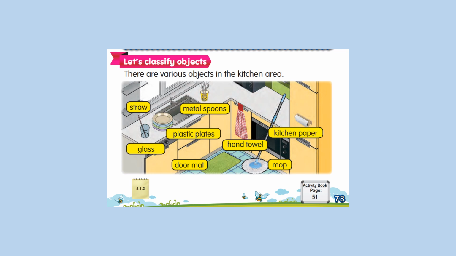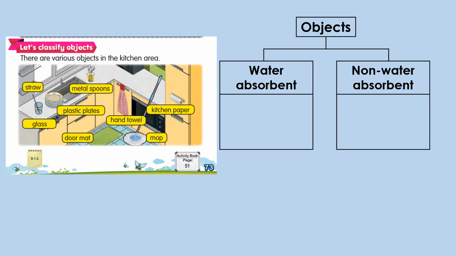We will use the tree map to do the classification. We write like this: objects, water absorbent, non-water absorbent. Now, let us find water absorbent objects. Find it from the picture.